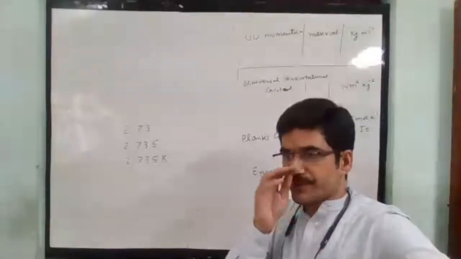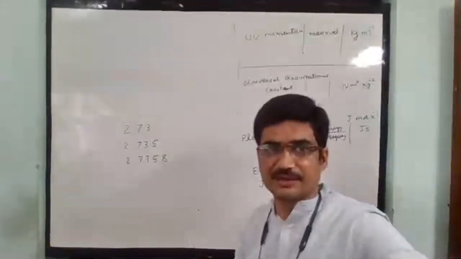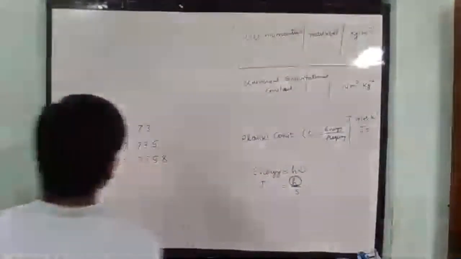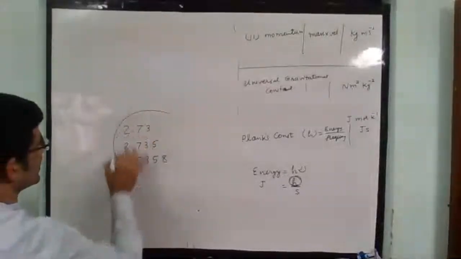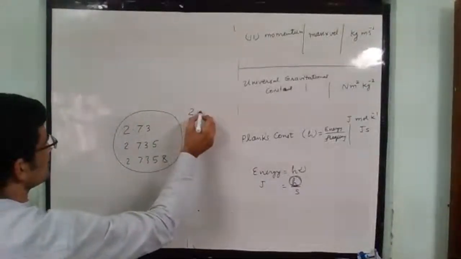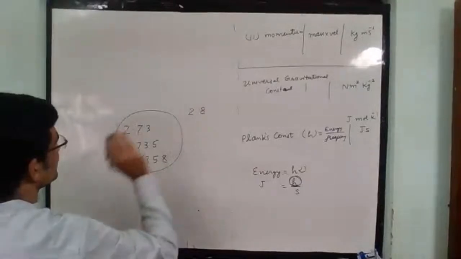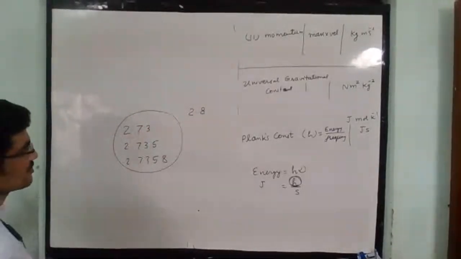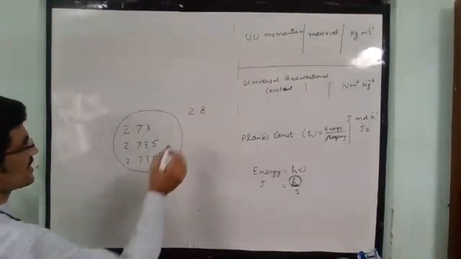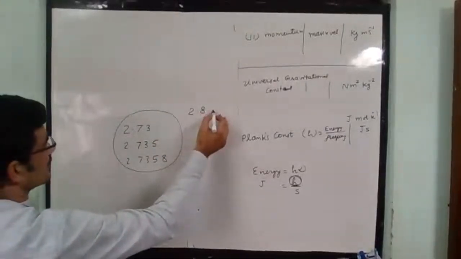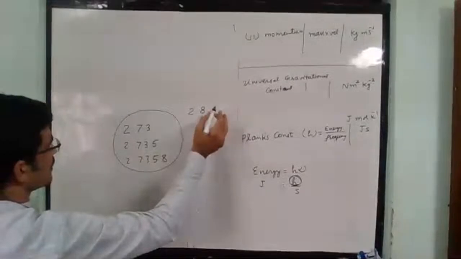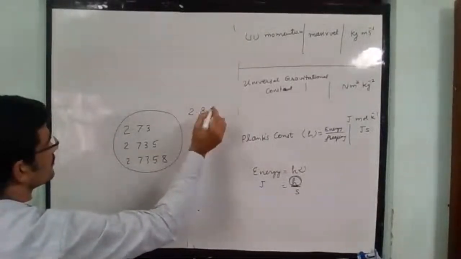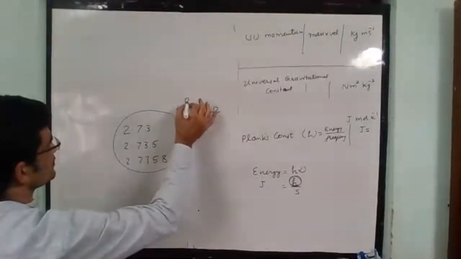Okay, so if the correct measurement of that particular object, whatever it is, is suppose 2.8, and the students are measuring and getting values like 2.73, whatever the values are, suppose it is some ohm resistance.